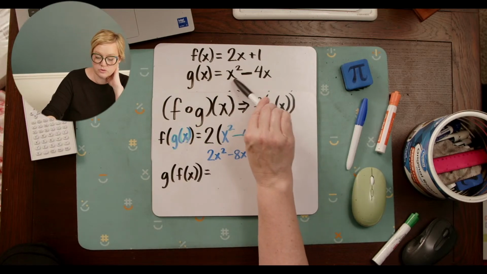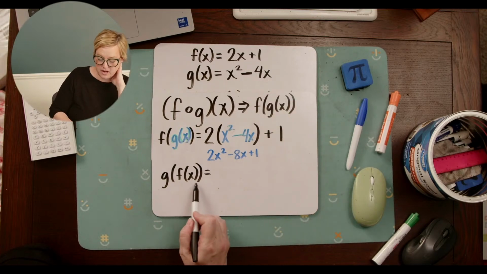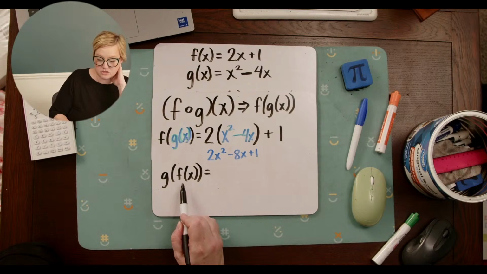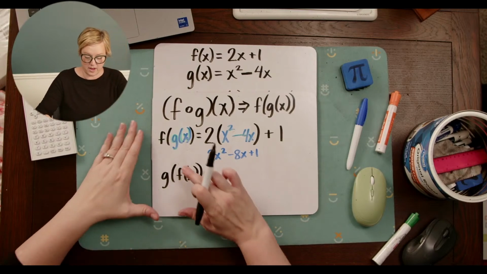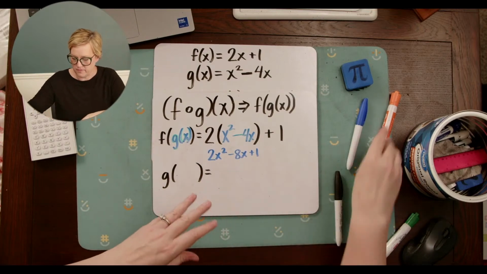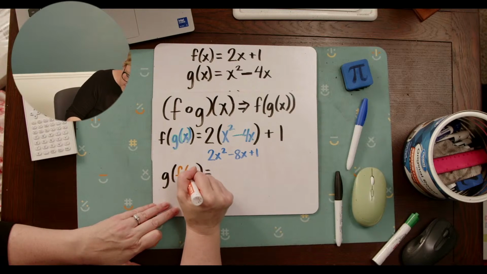So I've got 2 spots that I need to substitute in. Now I substitute in whatever is in the parentheses. So in this case, I'm substituting in 2x plus 1. I'm going to change the color so it's a little bit easier to follow.